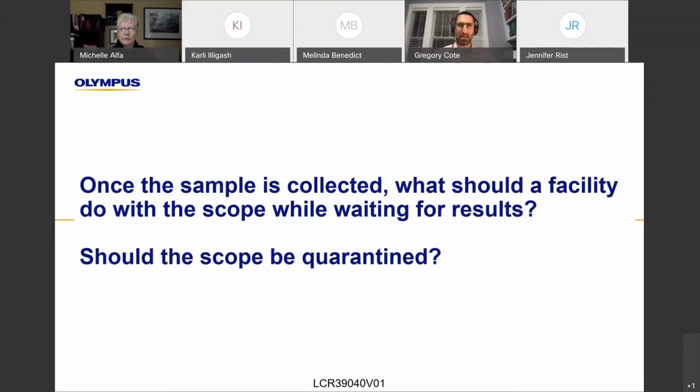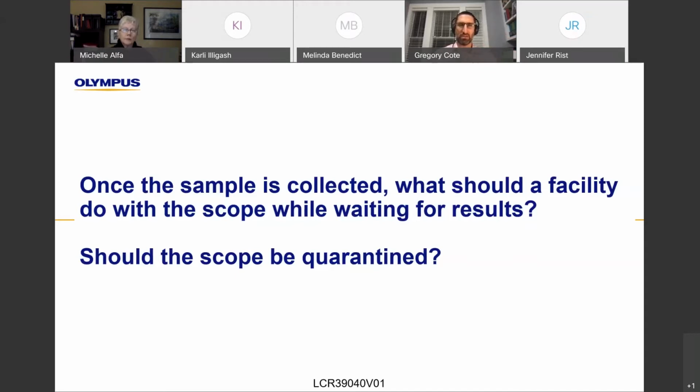Do you contact the 2 or 3 patients, or maybe more, that have been exposed to that duodenoscope, or if it's a linear echoendoscope or any scope that you're culturing, do you contact all those patients and say, we're really sorry to let you know, but FYI, you may have been colonized, exposed to a sample that was obtained from this endoscope? We didn't know it when we used it, but now we've identified it after the fact.